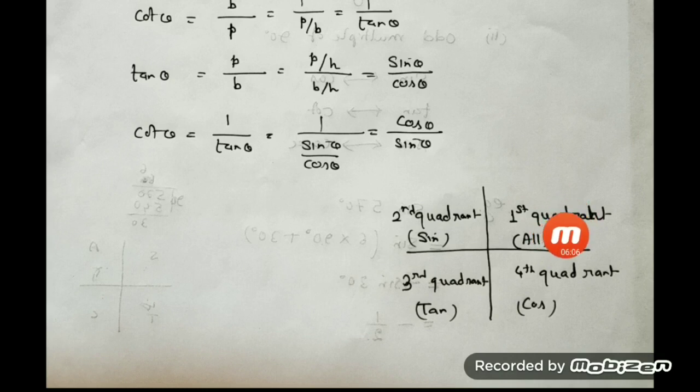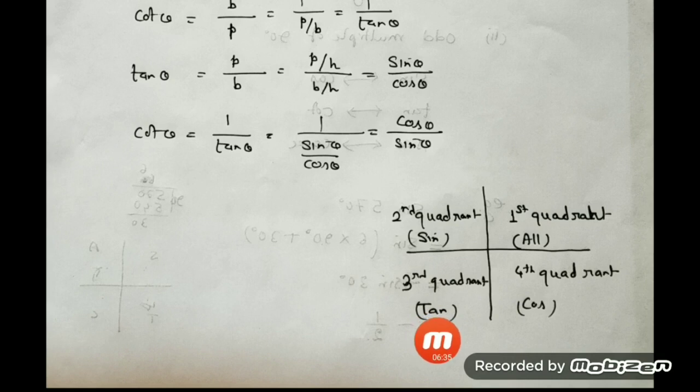Here all means all trigonometric ratios, if it is present in the first quadrant, they will be positive. In the second quadrant, sine is positive. Sine ratio is positive, rest are negative. But if sine is positive, its reciprocal, that is cosec, is also positive. In the third quadrant, you see tan is positive.